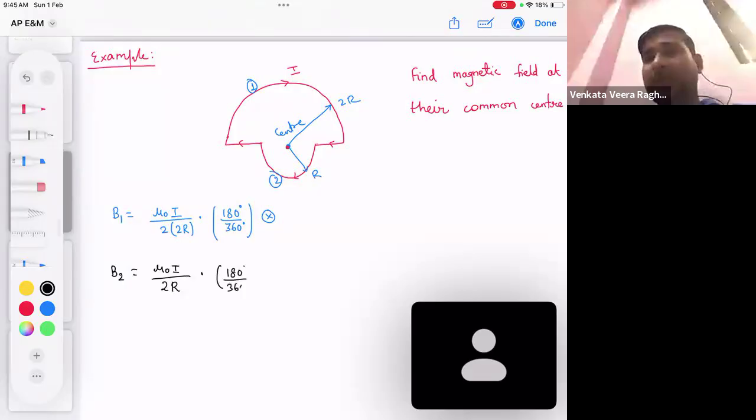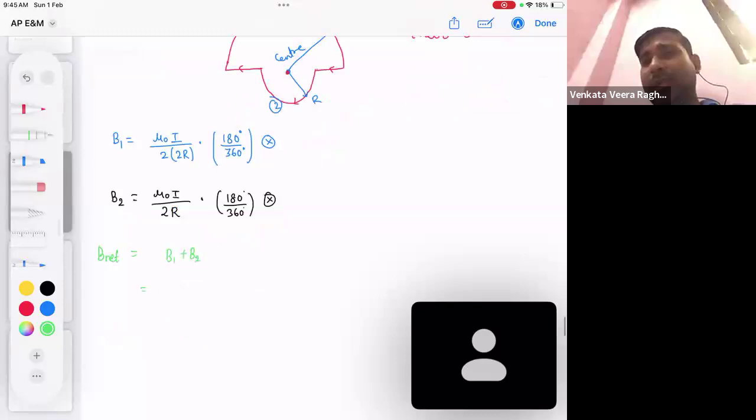So if you want to calculate the net magnetic field due to this loop, what will it come? B1 plus B2, and because both are in the same direction, just take mu naught common, I common, 2 common, R common, right? 180 by 360 is 1 by 2, again common, right?